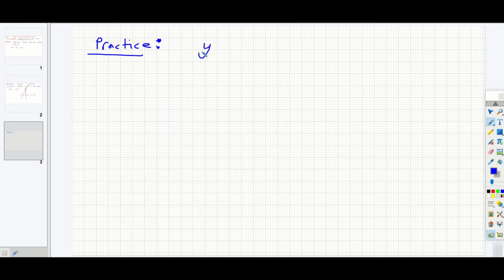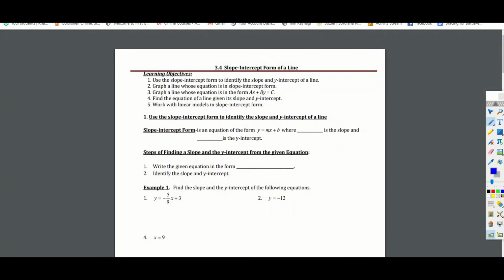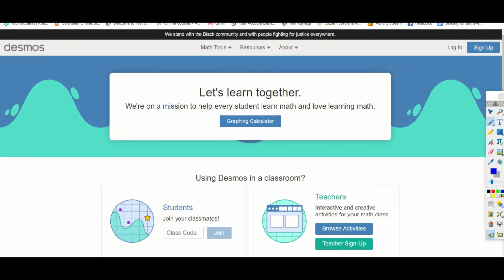Y equals, let's say, 2x minus 7. The same question: identify, and then graph.